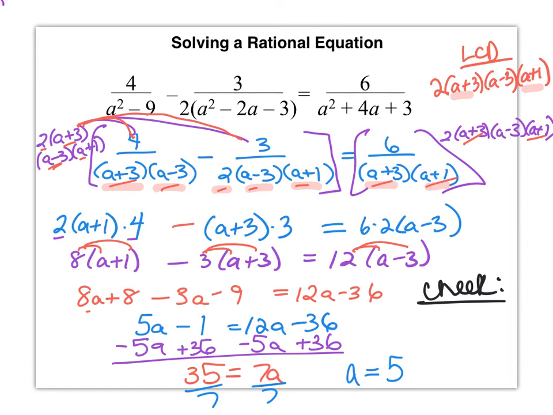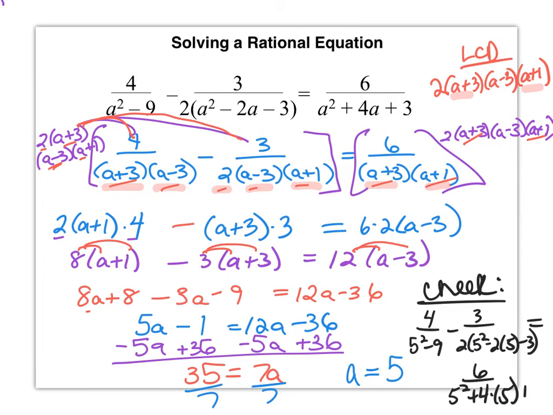So when we check by plugging in 5 for a, on the left side we get 4 divided by 5 squared minus 9, minus 3 over 2 times 5 squared minus 2 times 5 minus 3. All of that on the left side should equal, on the right side, 6 over 5 squared plus 4 times 5 plus 3.